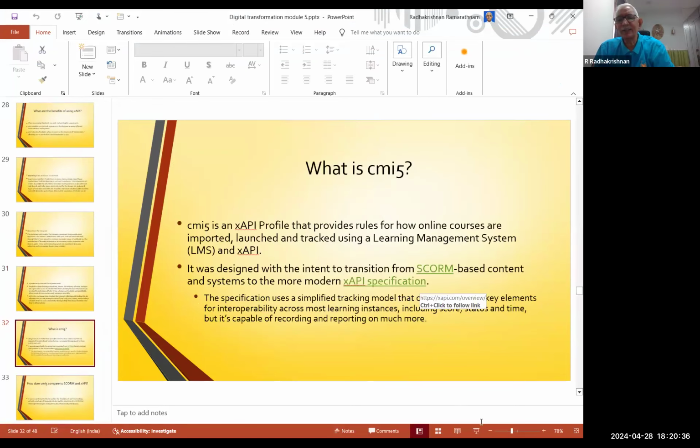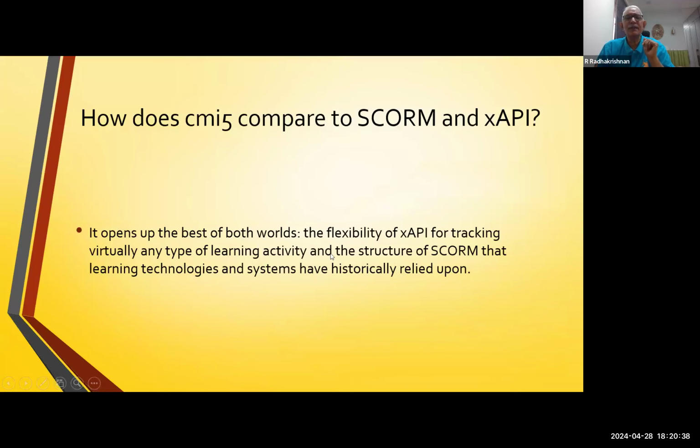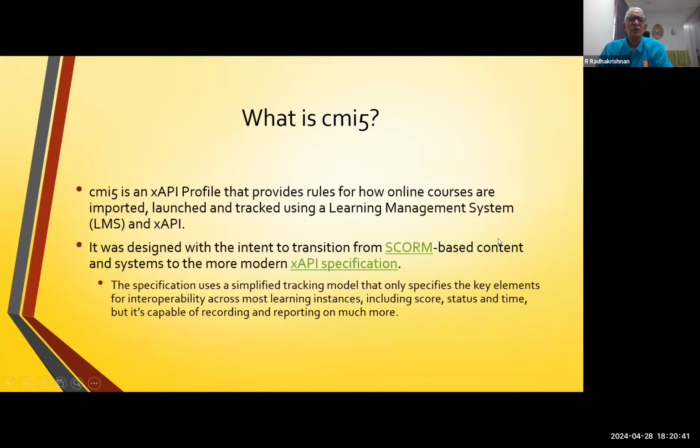Now, the next standard is the cmi5 standard. Again, these are all initiatives by the Advanced Distributed Learning initiative of the US government. Now, cmi5 is an extended version of the xAPI profile that provides rules for how online courses are imported, launched, and tracked using an LMS and xAPI.